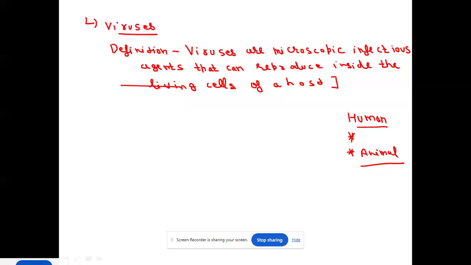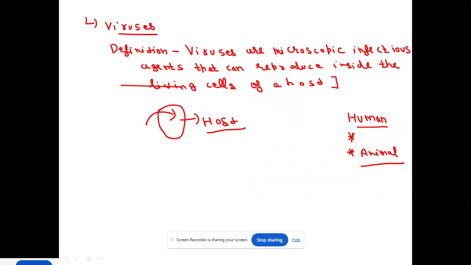So basically what I can say, for example, this is my host cell, and a virus is entering inside this host cell. So in that case, that virus is going to cause the infection.